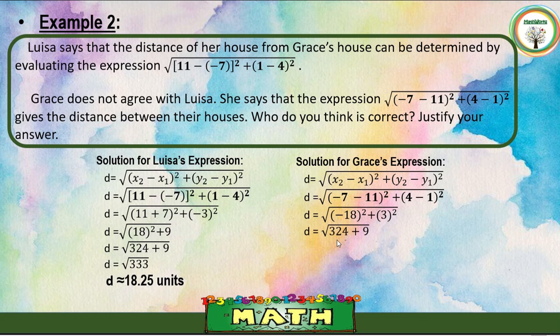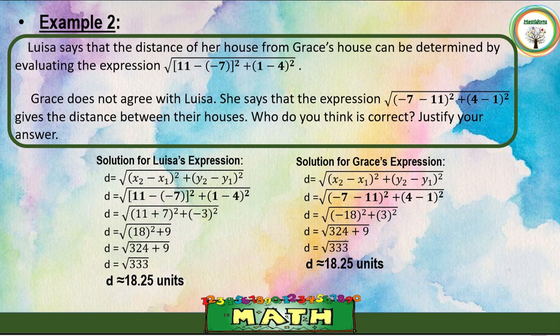Distance is equal to negative 18 times negative 18 is 324. Then 3 times 3 is equal to 9. D is equal to the square root of 333. Therefore, based on Grace's expression, the distance between their houses is also equal to 18.25 units.